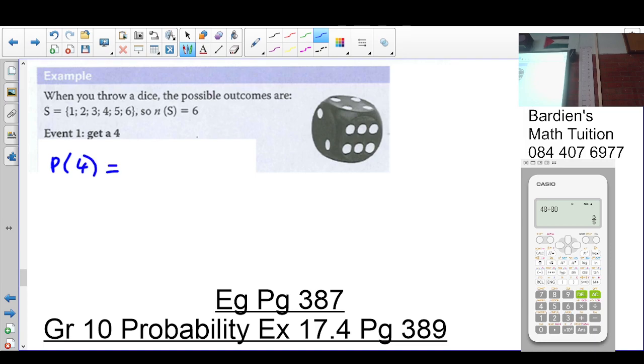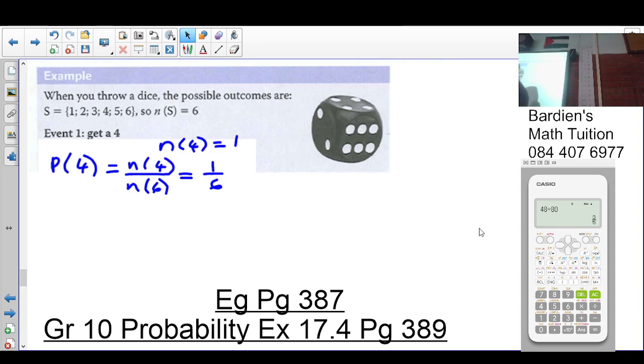How many 4s are there? The number of 4s is 1. So the probability of a 4 is the number of 4s over the number in the sample space, which is 6. So 1 out of 6. You guys understand? You can say it's 1 out of 6, or 1 over 6.